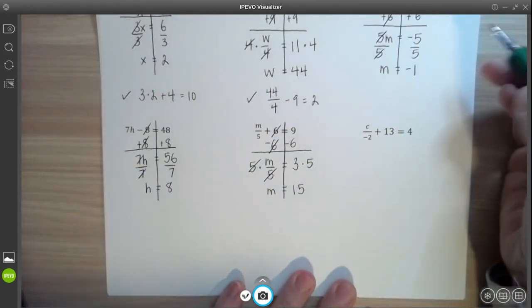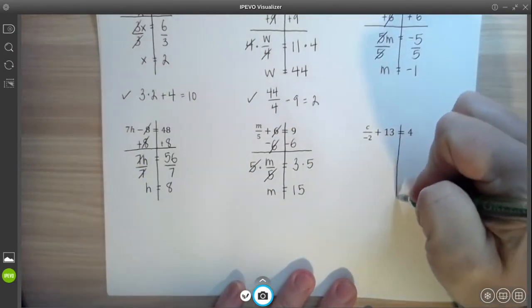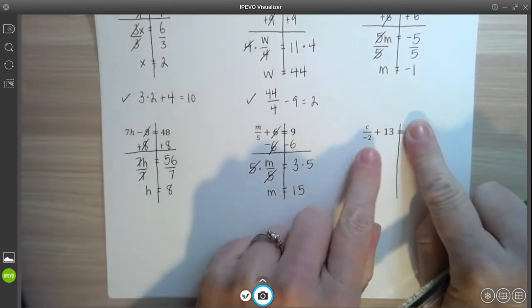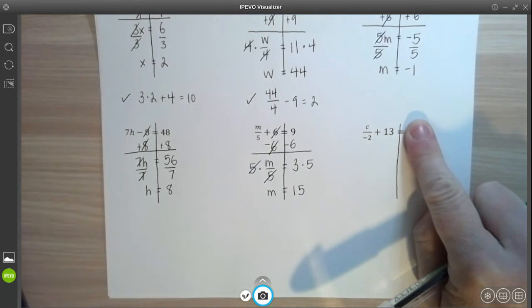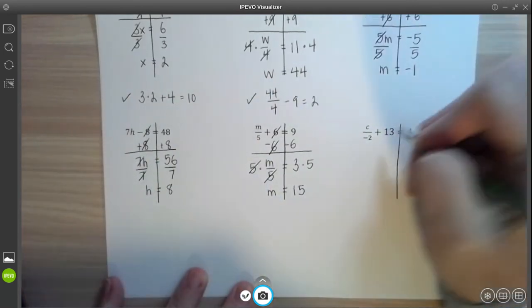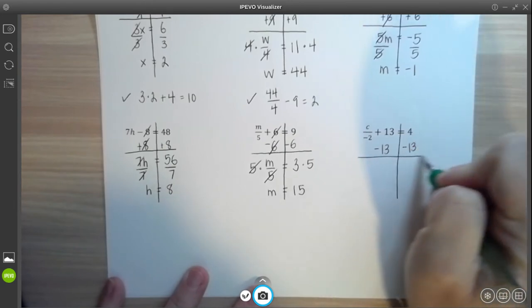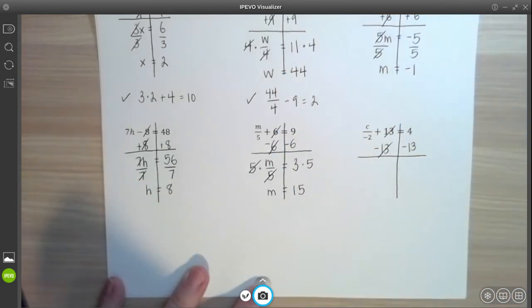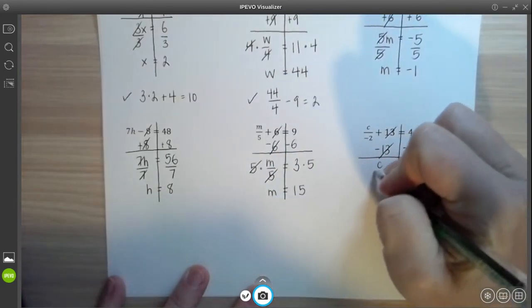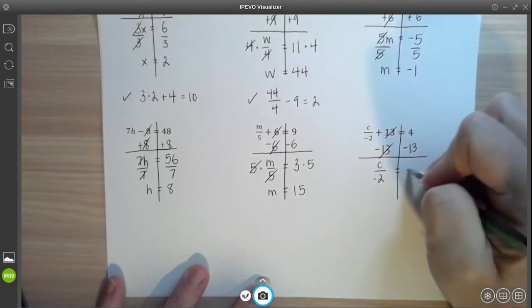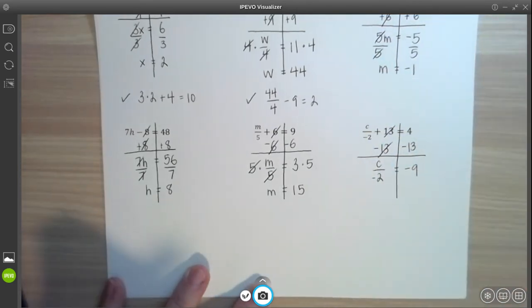Okay, the next one, one more time, I'm going to draw that line. I have the variable on the left, I have division, and I have addition. I'm going to start by getting rid of that addition with a subtraction of 13. That means I'm going to bring down the c over negative 2. And on the right, 4 minus 13 is a negative 9.